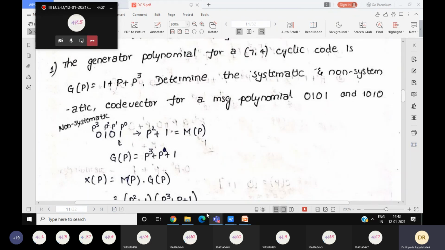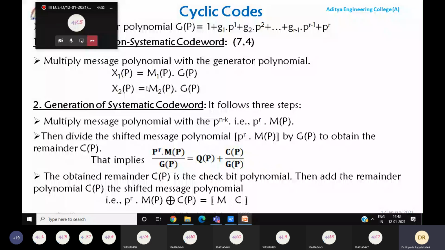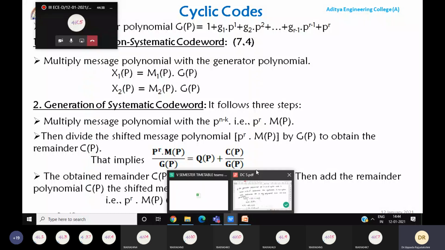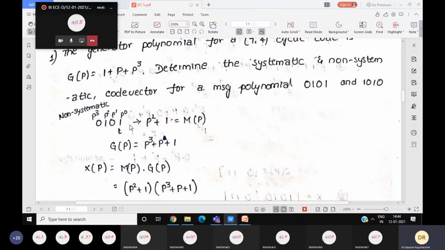First we are doing it using the non-systematic procedure. In the PPT, if you see what a non-systematic procedure is, just multiply the message with the generator polynomial and you will get a code word. Okay, now here you can see 0, 1, 0, 1. So the LSB bit is the p power 0 coefficient and the MSB bit is p power k minus 1, because k message bits are there.